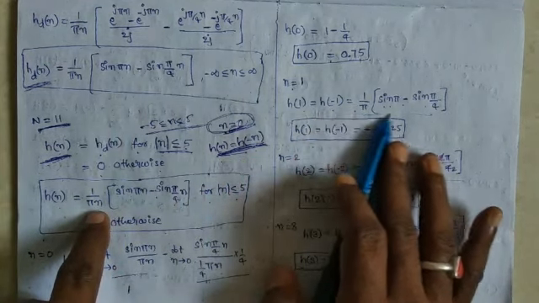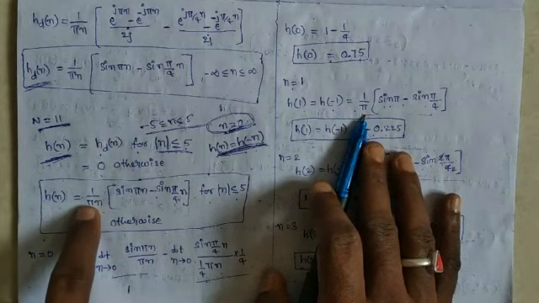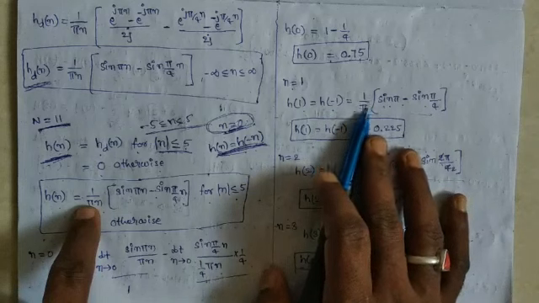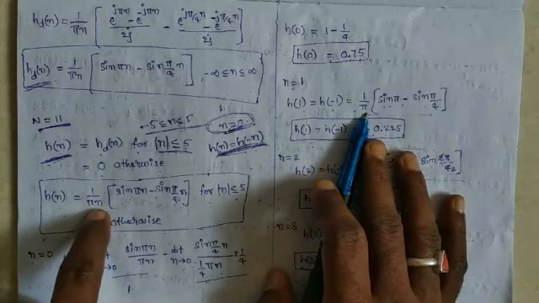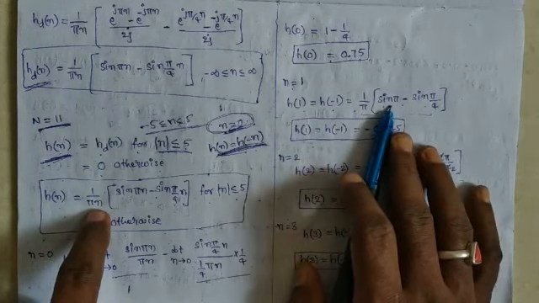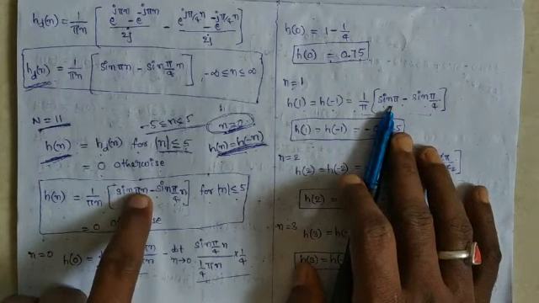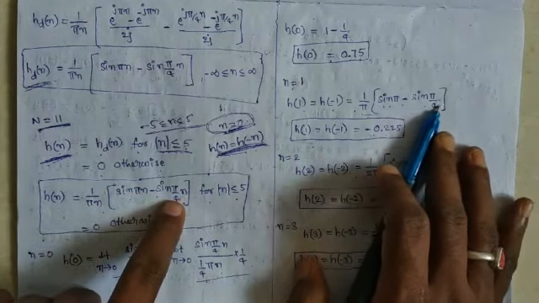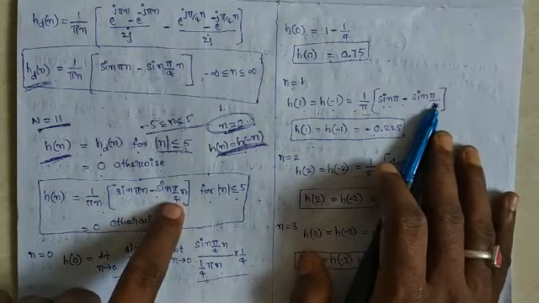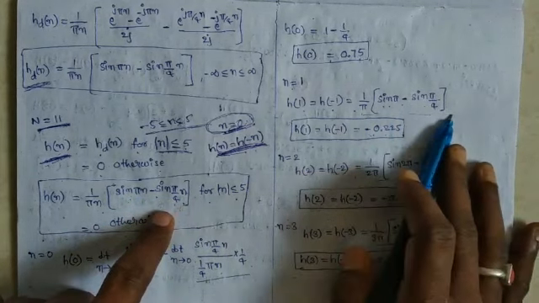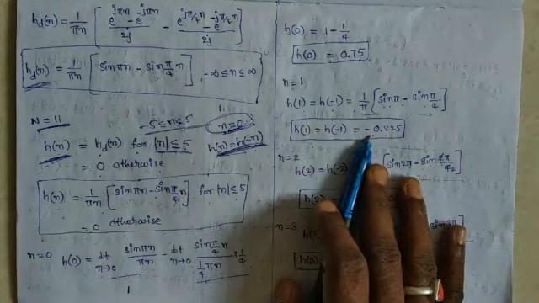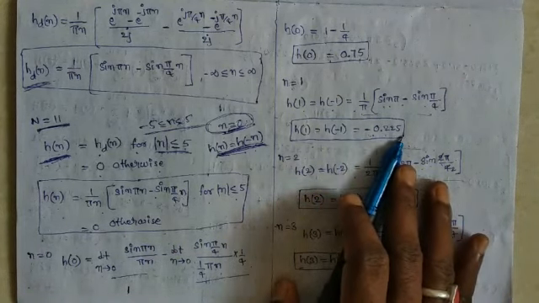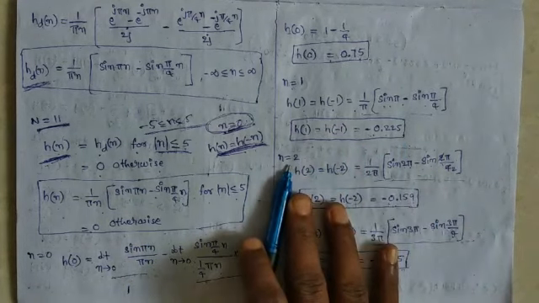Simply substitute n is equal to 1 in this equation. Here h of 1 is equal to h of minus 1, which is equal to 1 by pi into sin pi minus sin 5 by 4 into 1, that is sin 5 by 4. Its value is equal to minus 0.225. Similarly n is equal to 2.